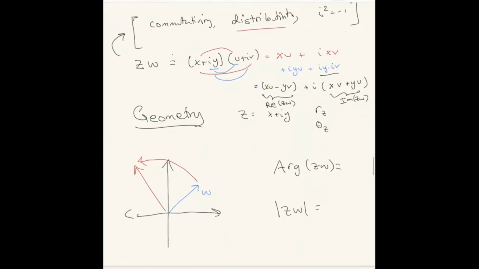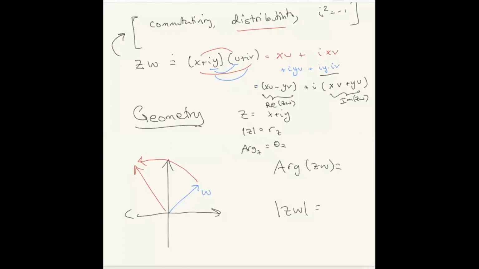I won't prove that this is true. If you have z equal to x plus iy, we have the length of z, and this is called r_z, and the argument of z, theta_z.